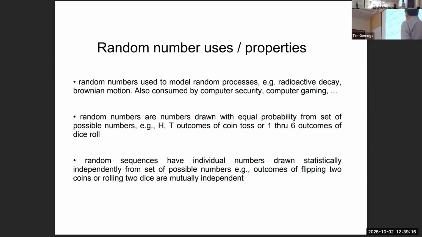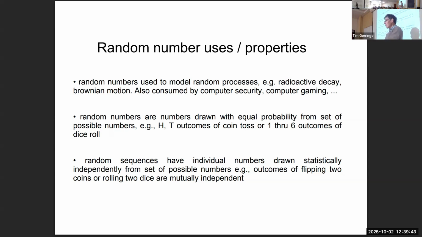So physics, and science and engineering and economics, are big consumers of random number sequences. But another big consumer is that every time anybody uses their credit card, random numbers are being generated so that the credit card data can be transmitted securely.